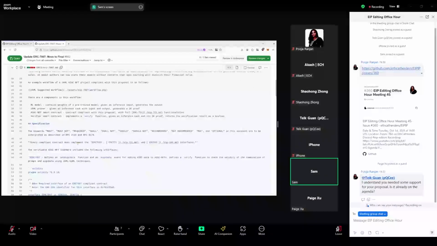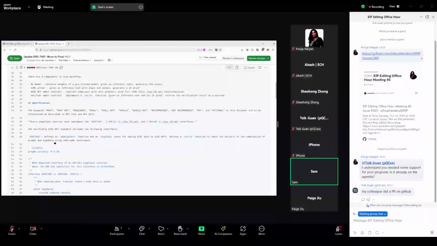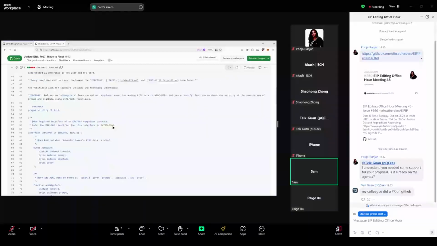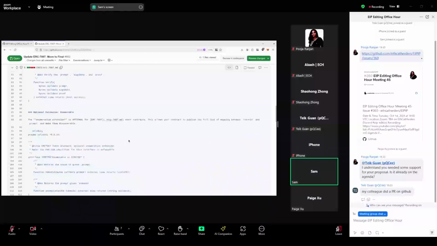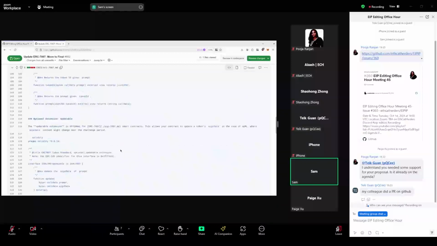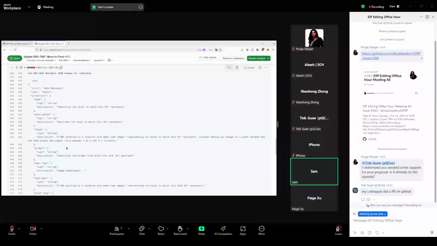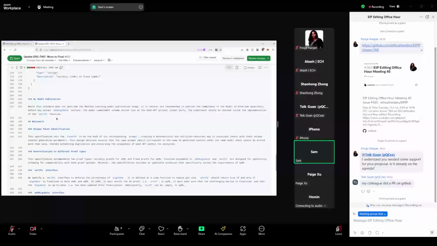Okay. Implement the IERC. Yep. Okay. Token interface. Okay. Yep. I don't think this has changed at all since the last time I looked at it, which is perfect.